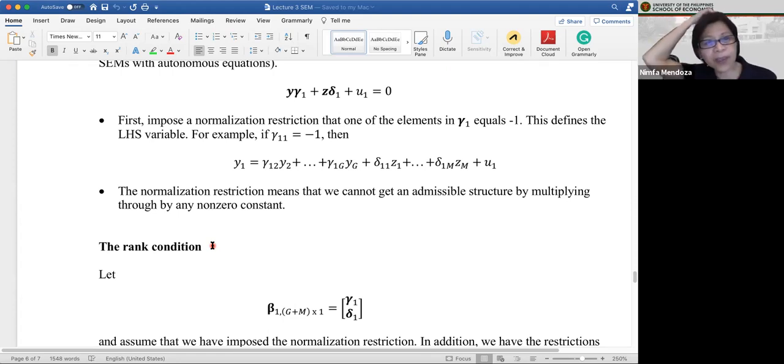So for example, for the two equation system of simultaneous equation model, you can already see some parallel with what we did using two-stage least squares. And the reduced form is similar to what you do at the first stage of two-stage least squares.